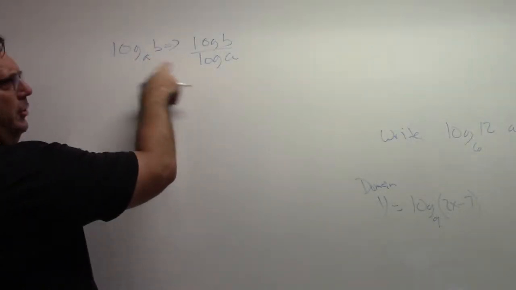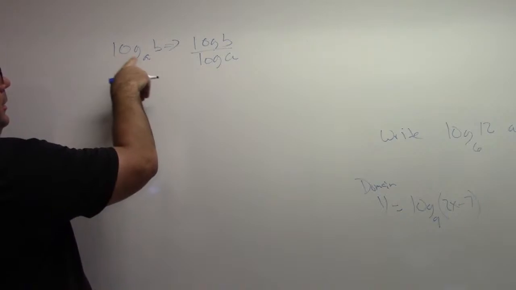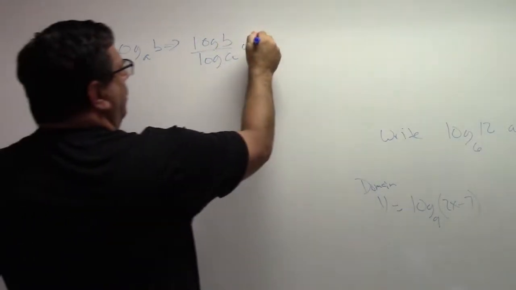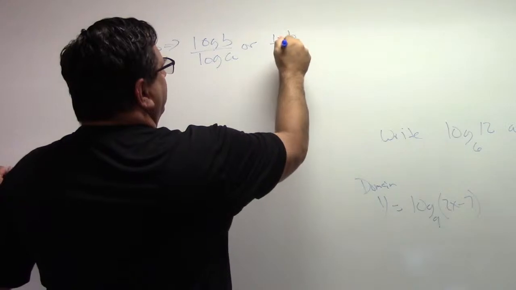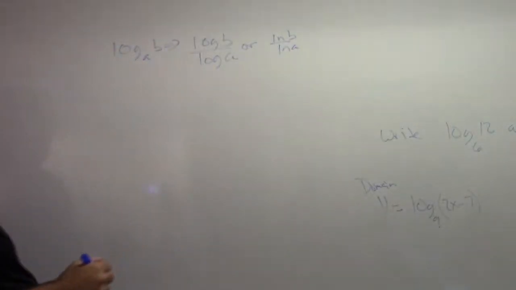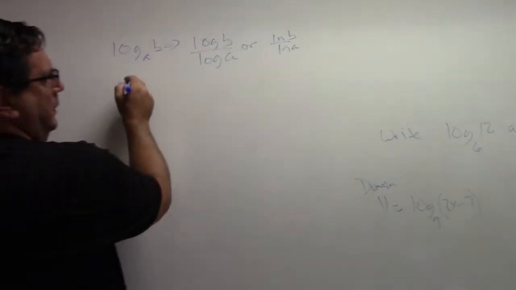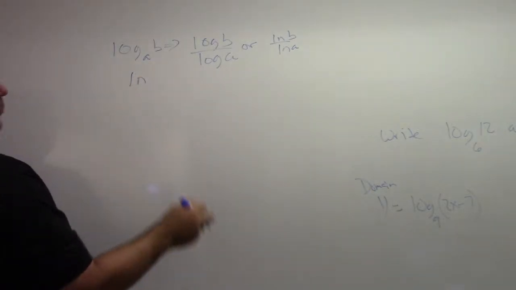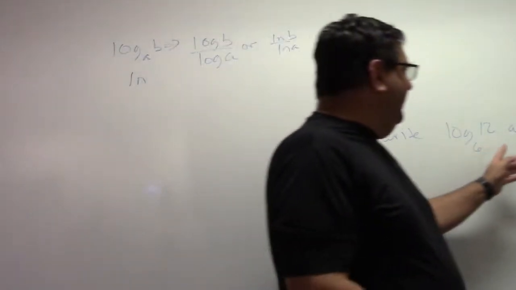This is the property you need to know there. Log base A of B is equal to log B over log A, or ln B over ln A. Doesn't matter which way you write it. Now here I said write it as a natural log.